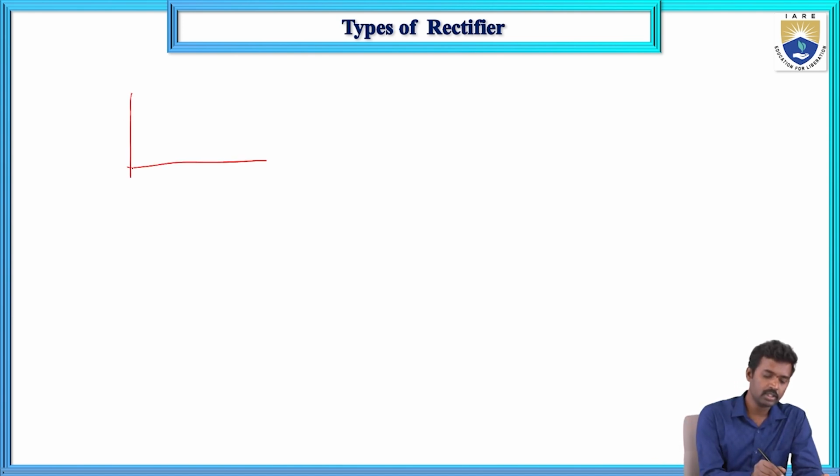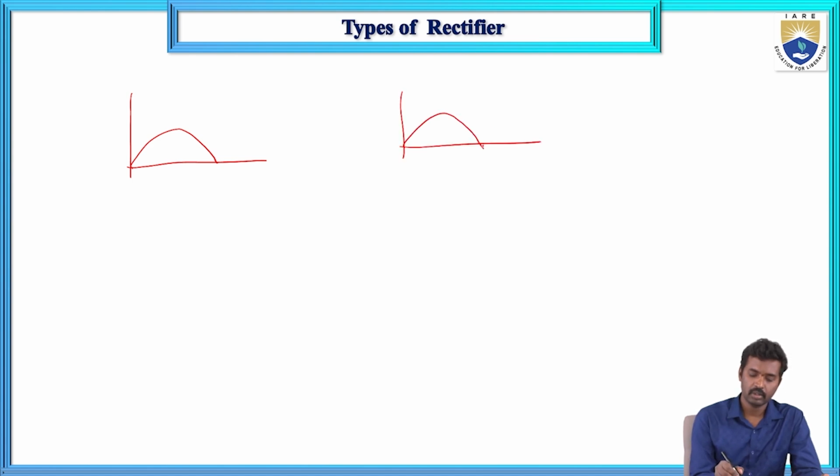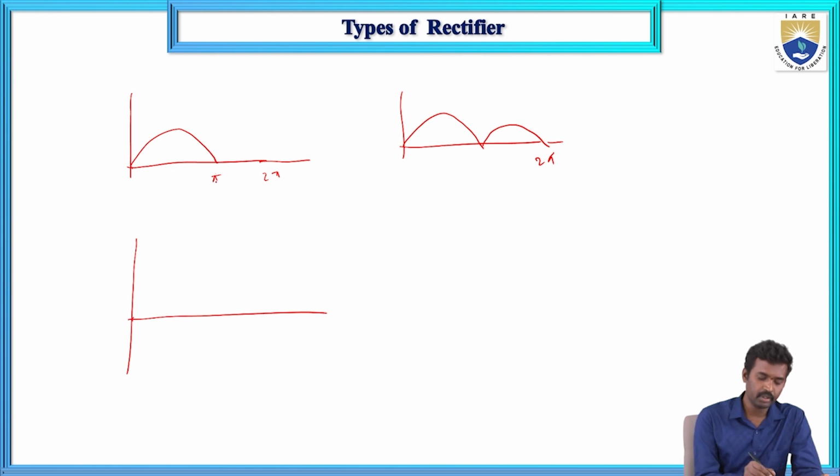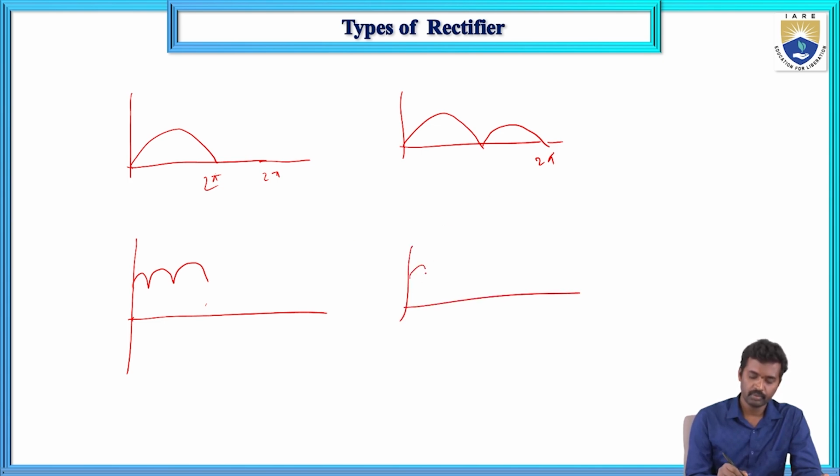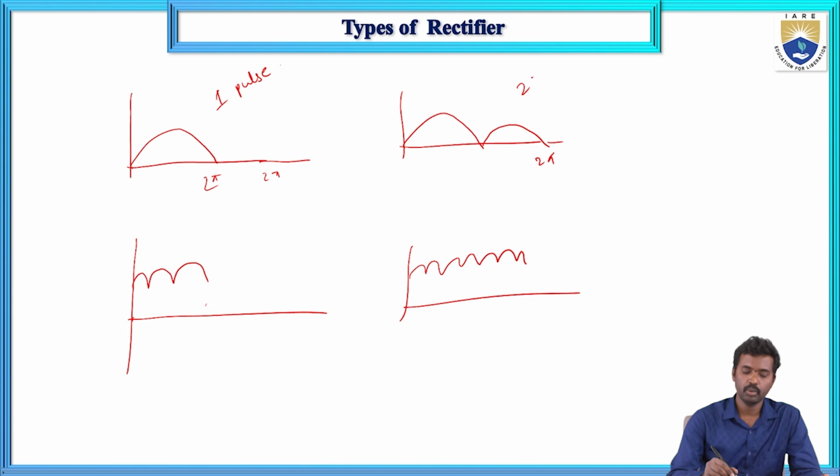Here this is one pulse, this is 2 pulse within 2 pi, then 3 pulse, and within 2 pi 6 pulse. So based on the number of pulses: 1 pulse, 2 pulse, 3 pulse, and 6 pulse.